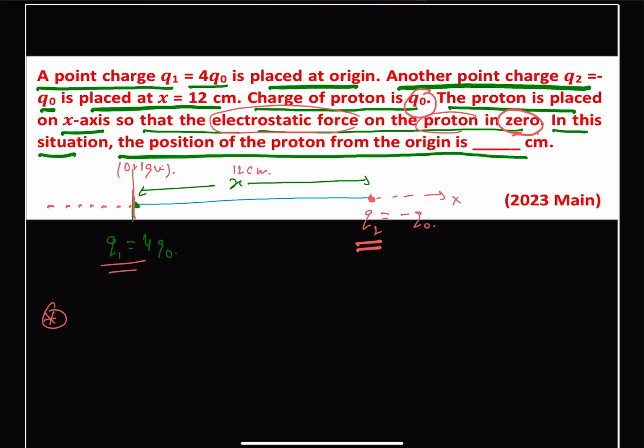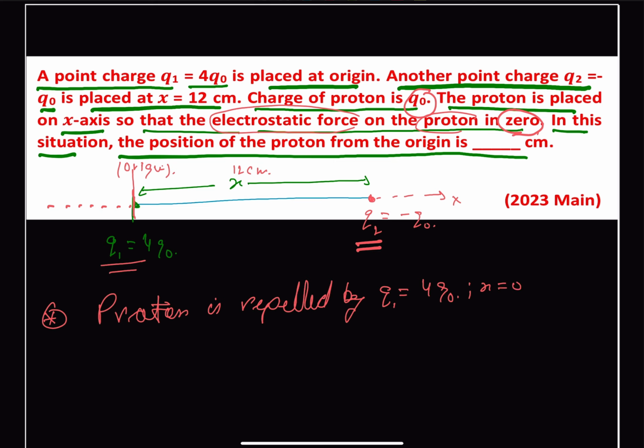The proton is repelled by Q1, which is 4 Q naught, and Q1 is placed at x equal to 0.